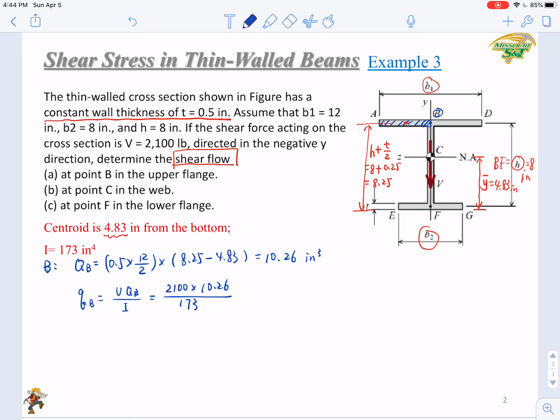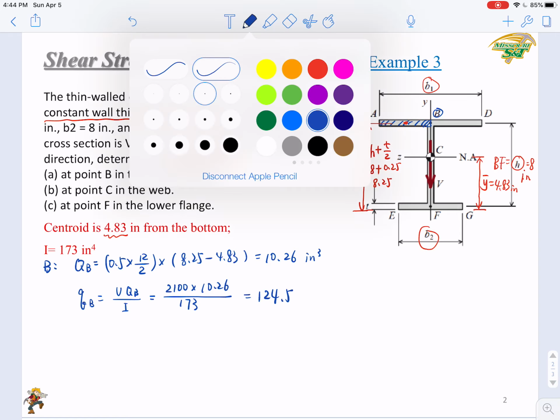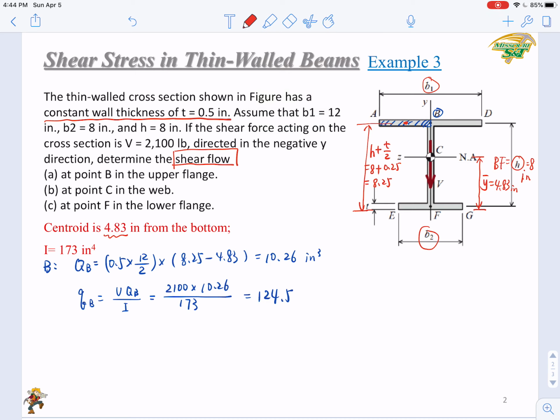So we will get 124.5. The unit here is pound times cubic inch over inch to the fourth, so the unit of the shear flow will be pound per inch.